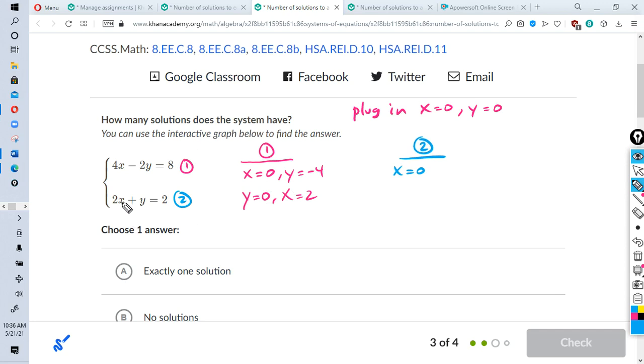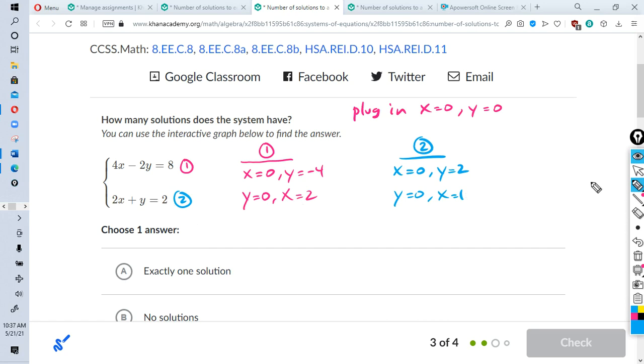If you put a 0 in here, this will cancel, and it's just y equals 2. And then I'm going to plug in y equals 0. If I put a 0 in here, this will cancel, and I get 2x equals 2. And obviously, x is 1, because 2 times 1 is just 2.